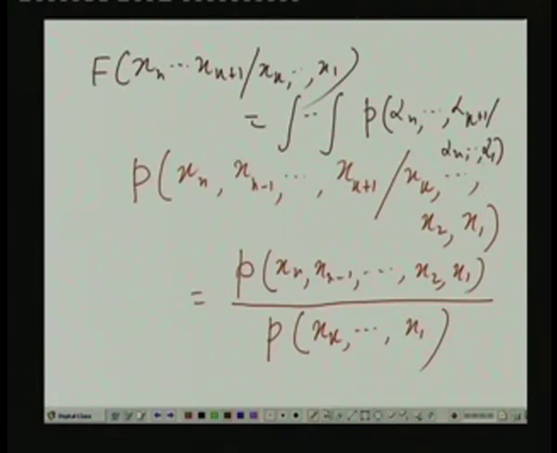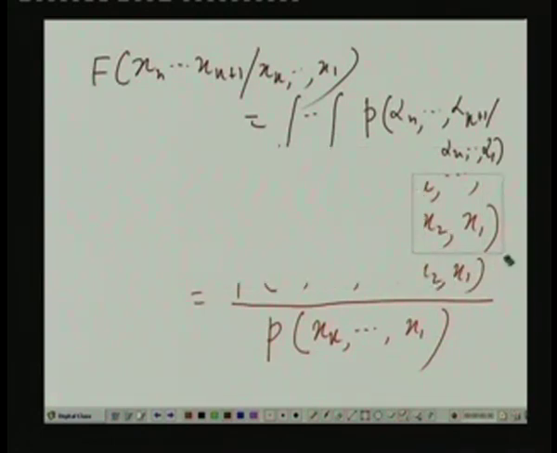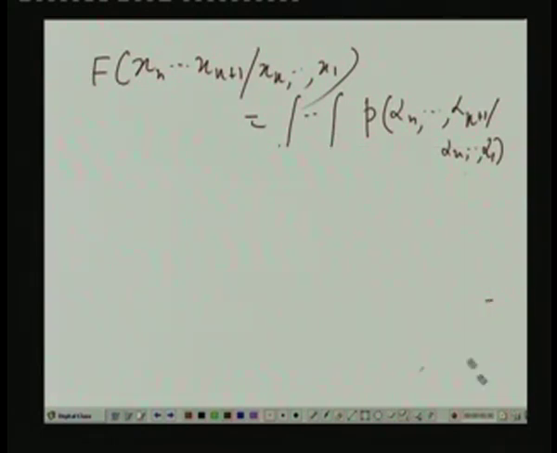So, I am running short of space here, so let me erase some part. d alpha n down to d alpha k plus 1 and the limits are minus infinity to xn, that is for alpha n dot dot dot minus infinity to xk plus 1.